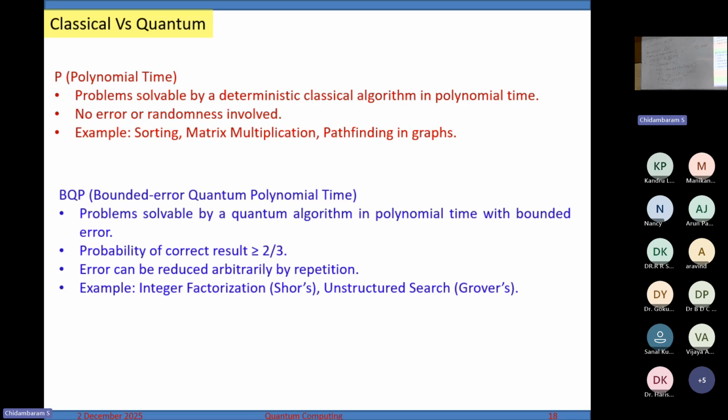So we say that up to a particular point of error, it's okay. We try to reduce it. This type of algorithms includes integer factorization, which is Shor's algorithm that we will discuss, if not today, maybe on the 5th day, and unstructured search, which is Grover's algorithm. These are the types of algorithms.